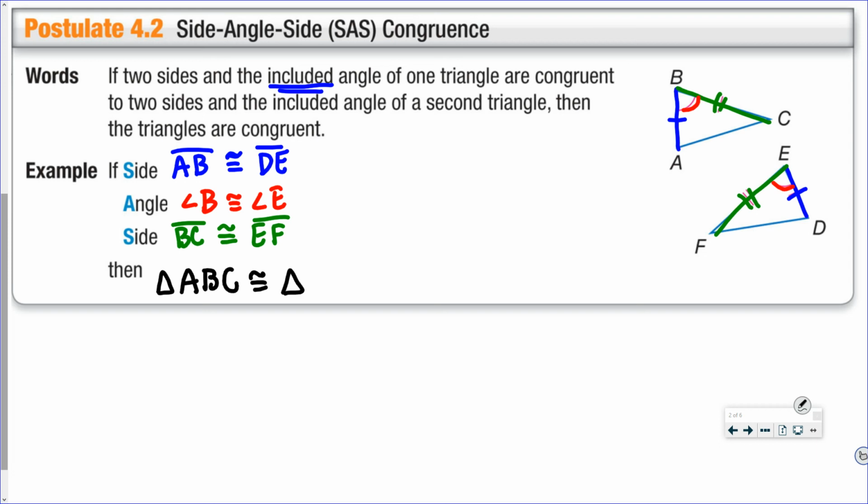Let's see, A, B, C would be D, E, F. So the order matters. Side angle side.